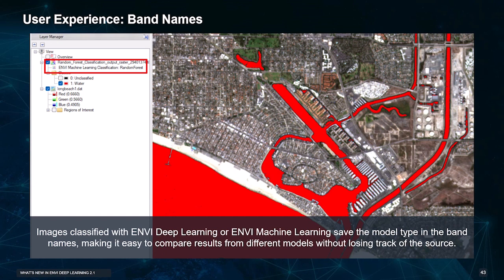This way it makes it easy to keep your data organized if you're trying to compare between two different architectures or two different machine learning models, so that the band names themselves tell you exactly what they were. This was just a small feature that I kept getting confused on, so I was really happy when we decided to implement it. It makes it a lot easier if you're running automated processing using the ENVI API in IDL.